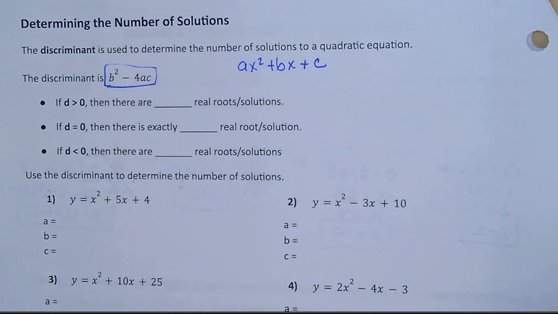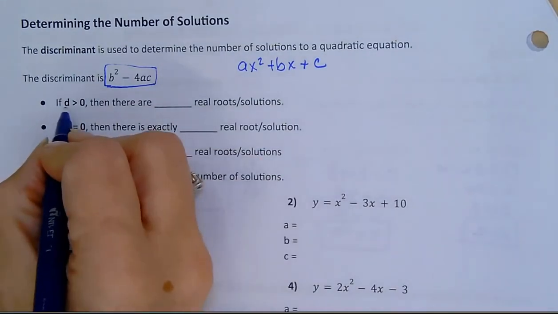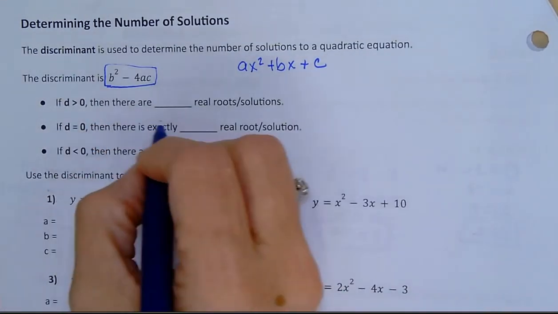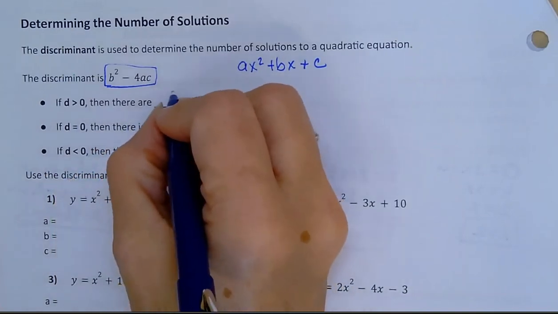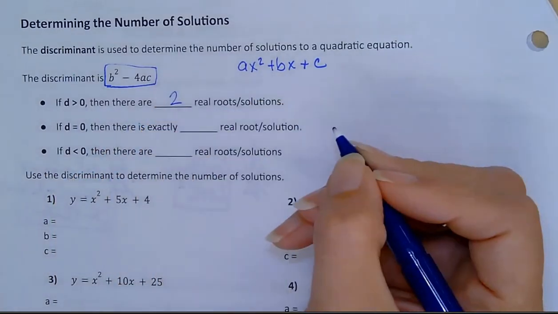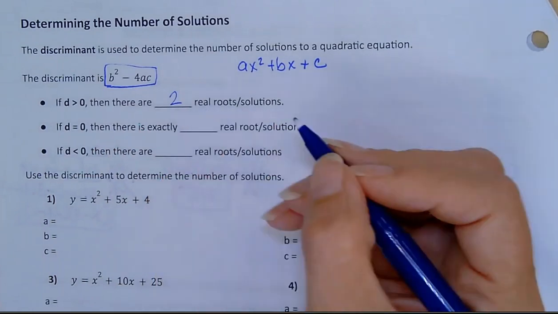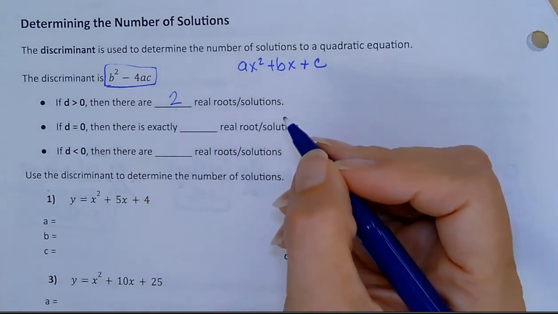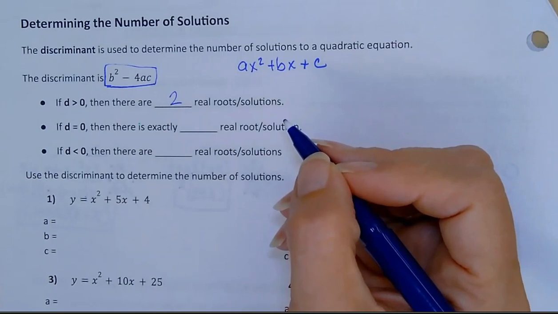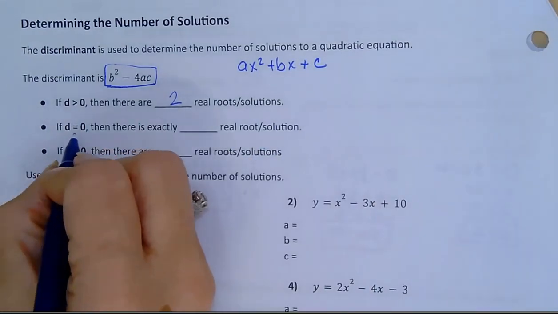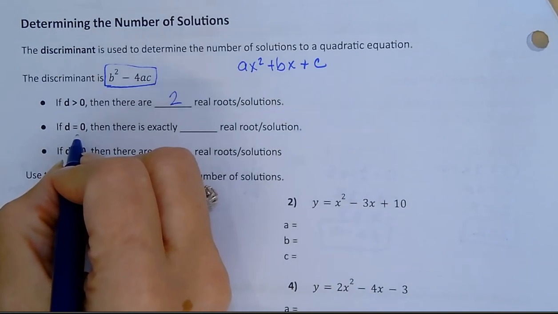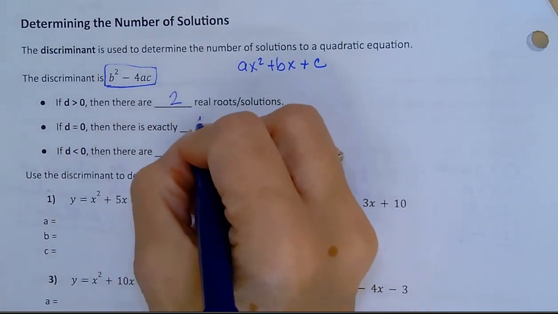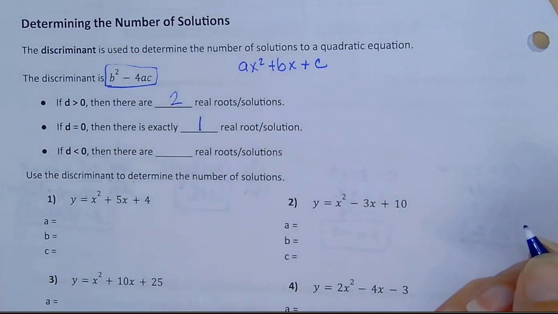If the discriminant, after you do the math, so we're calling it d, right? If it's greater than 0, so if it's positive, then there are two real roots or solutions. And when I use the word real here, I mean real numbers, not imaginary numbers, okay? If my discriminant is exactly equal to 0, there's exactly one real root or solution.